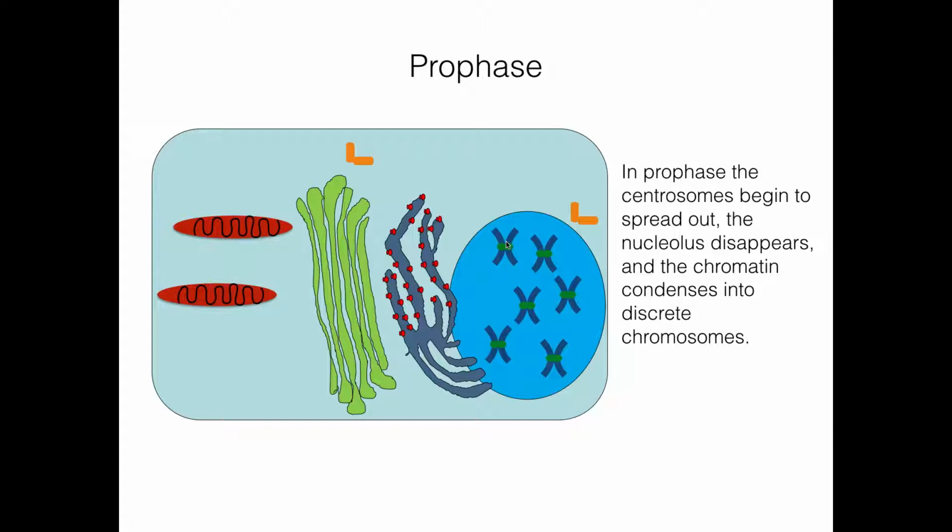And so now, at this point, you can actually see the discrete units of chromosomes. In addition, the centrioles are going to start migrating to opposite sides of the cell.